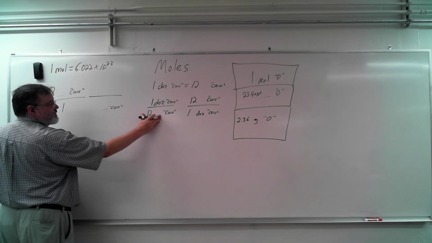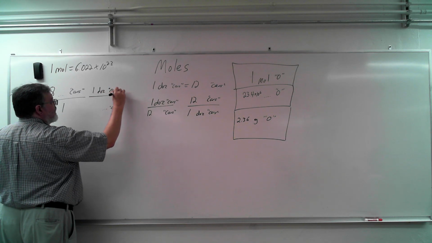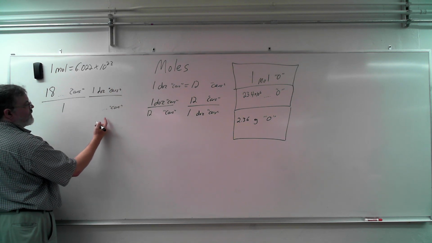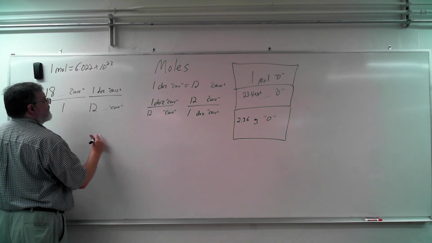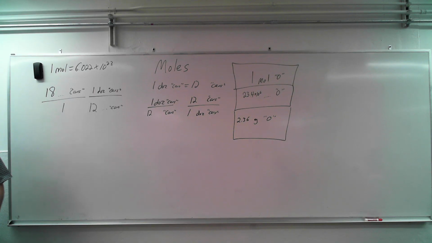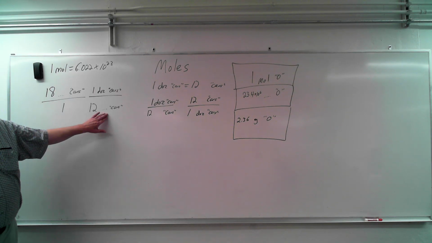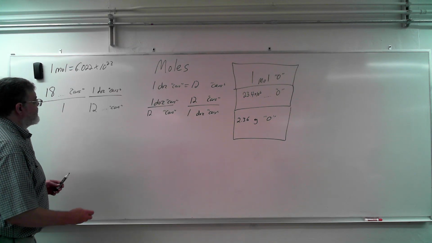Which means we're using this one. 1 dozen cars equals 12 cars. There's no unit. So that's how you would set it up. All right.